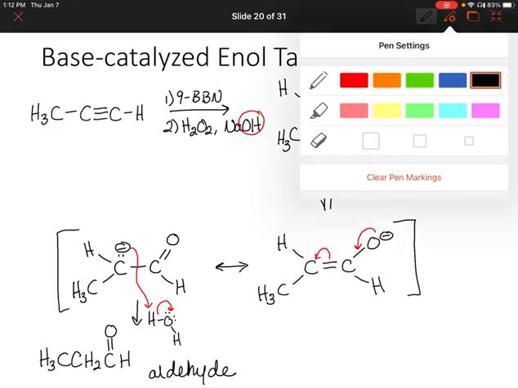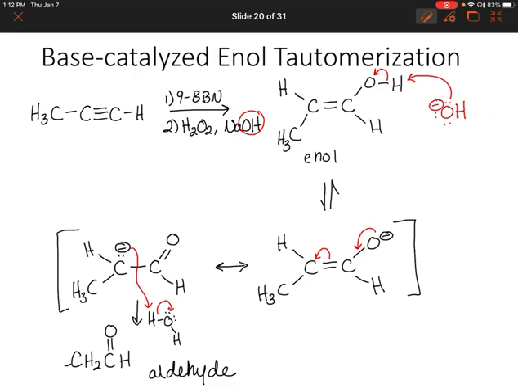Oh, and you know what? I'm going to flip around this CH3. I just kind of drew that backwards out of habit, but that might make more sense. So CH3, CH2, CH, and we have a double bond to oxygen. And then we also end up reforming the OH molecule as well. So that's why it's a base-catalyzed enol tautomerization.